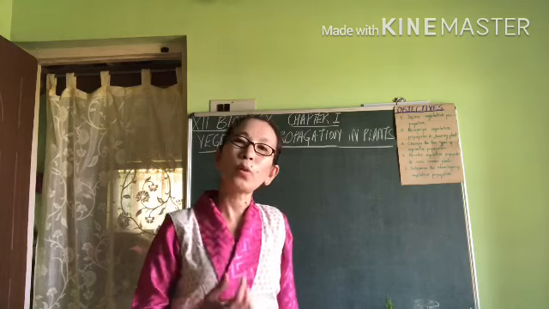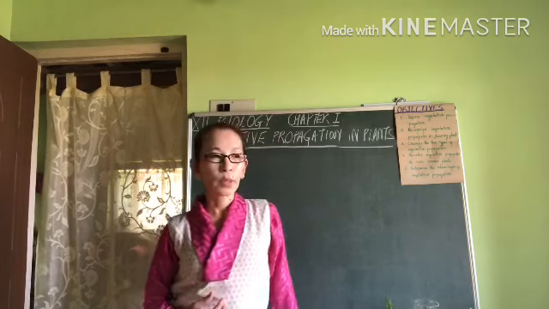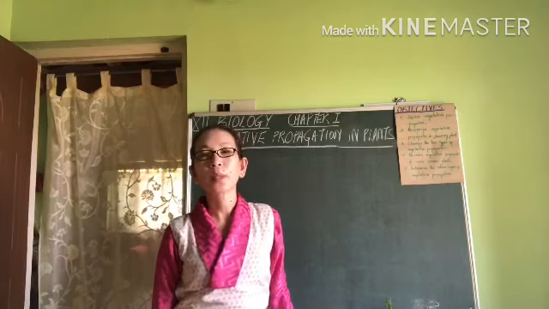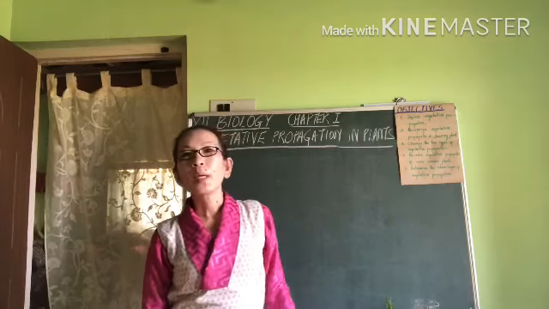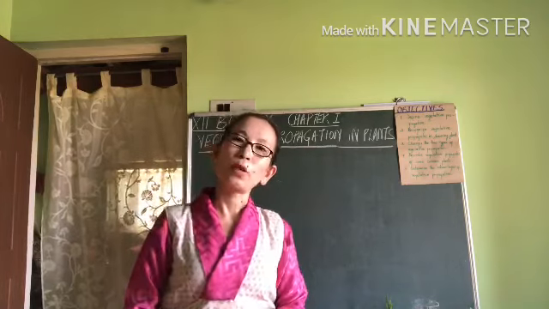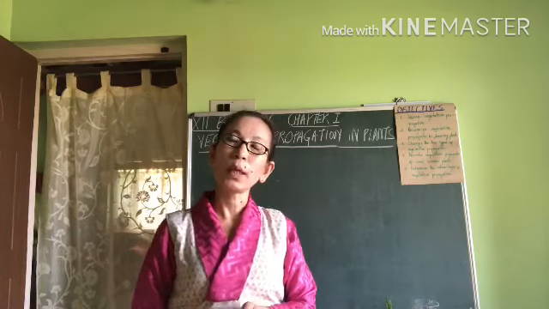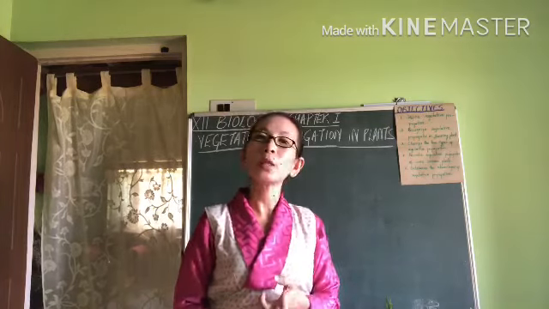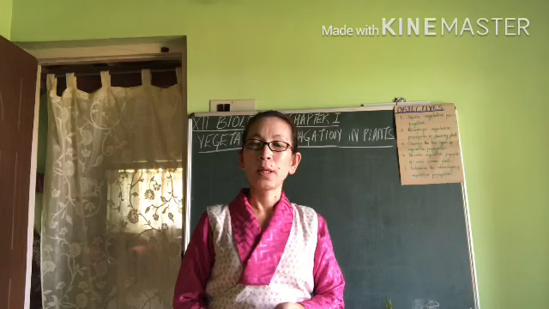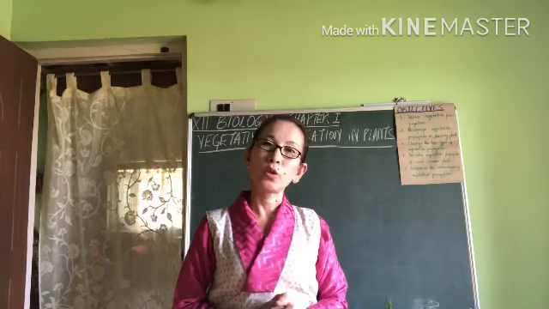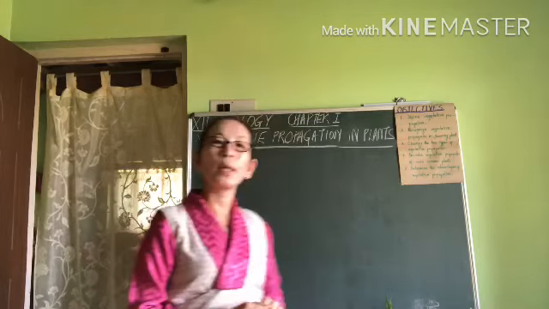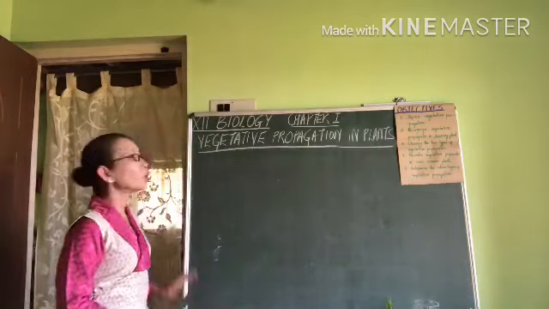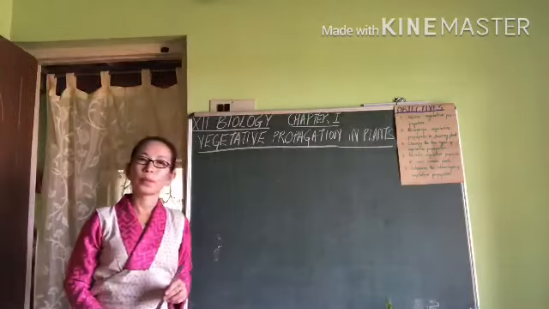If I have to have a quick review of the different modes of asexual reproduction that we have studied in the previous session, we learned about 4 different kinds of asexual reproduction, including fission, budding, regeneration, and spore formation. Apart from these 4 types of asexual reproduction, we have yet another kind of asexual reproduction in plants, and that is vegetative propagation.